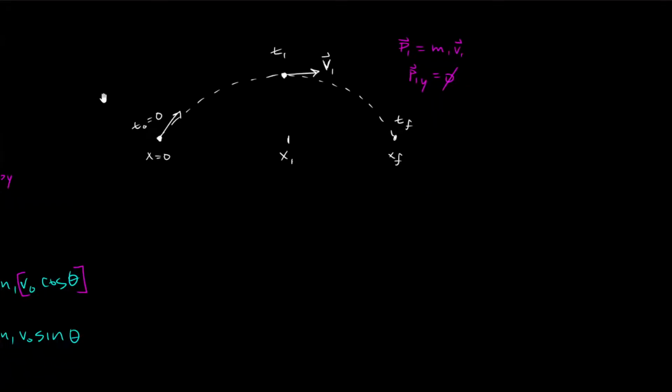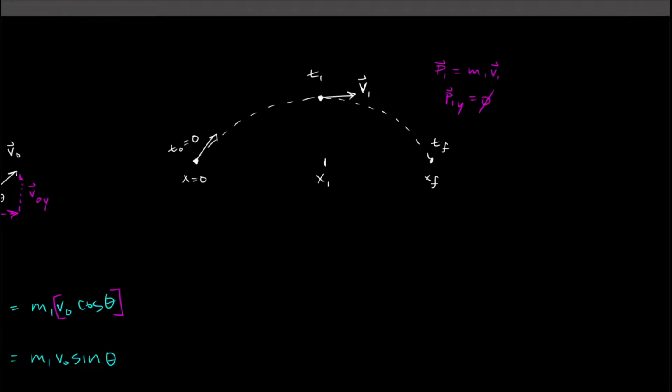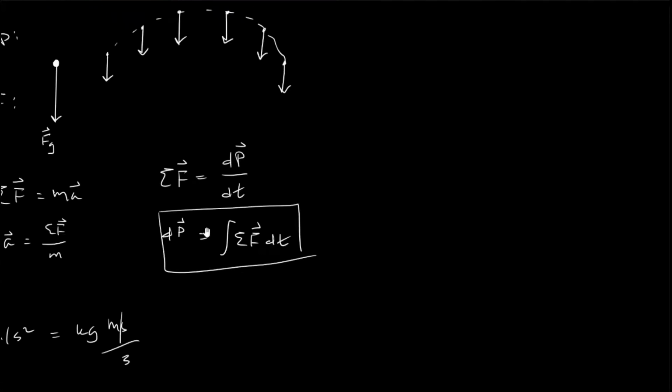Now we'll come back to this equation we found. The change in momentum is a vector, and it's the net force scaled by time. So its direction is in the same direction as net force.